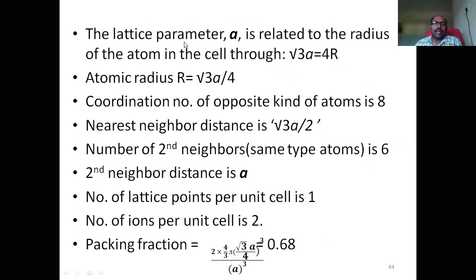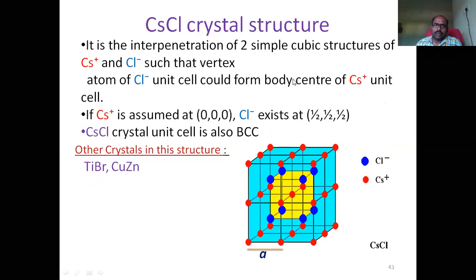Now we see the relation between atomic radius r and lattice constant or lattice parameter A. From this picture, the atoms touch along the body diagonal, just like this.